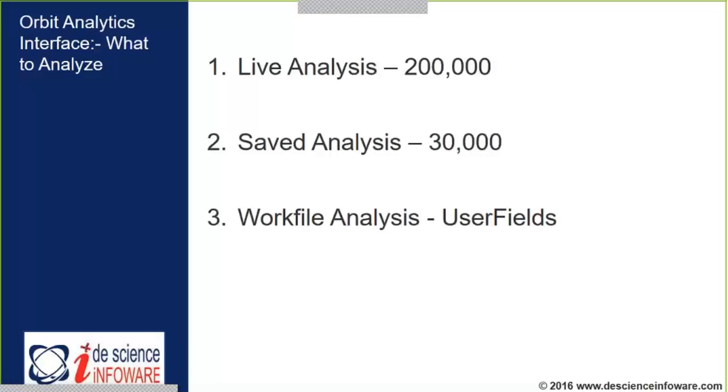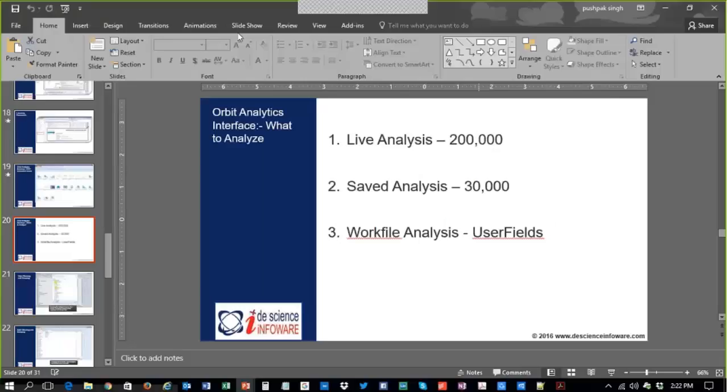In a work file module, you can do it on the fly, and that chart can be directly created in here. So in a nutshell, the charts can be of three types. One is live, another is saved, and the last one is work file based, wherein the analyst is analyzing the entire patent family, and that chart is created based on whatever analysis you do.